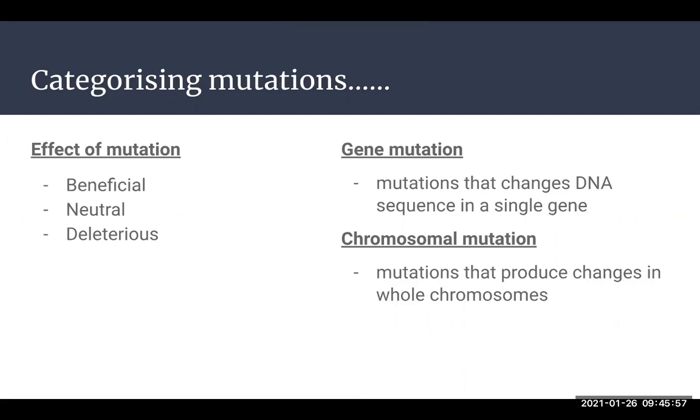So gene mutation is a mutation that arises from one single nitrogenous base inside a gene. And chromosomal mutation, or chromosome mutation, are mutations that actually change the structure or the number of chromosomes. It's a much bigger scale.